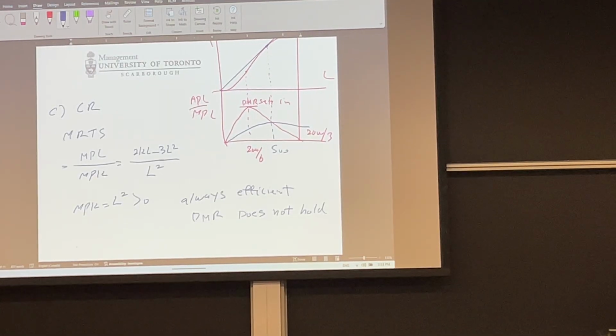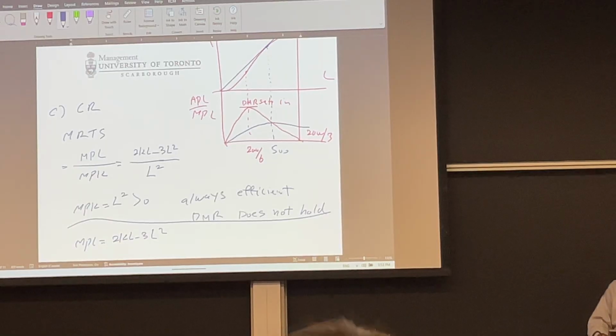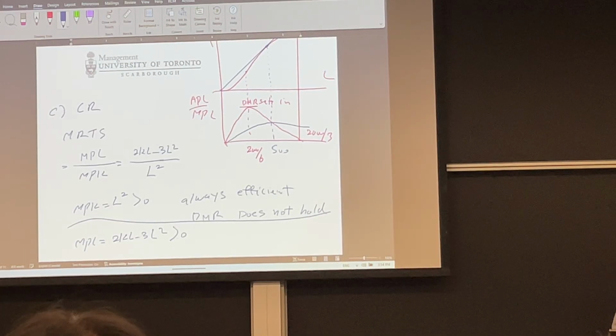What about MPL? That is MPL. Is the labor always efficient? Yes or no? No. It will only be efficient if this is more than 0, but this can be less than 0. This can be equal to 0.